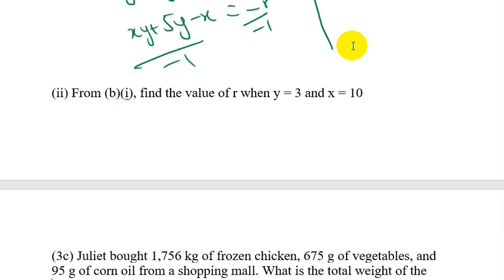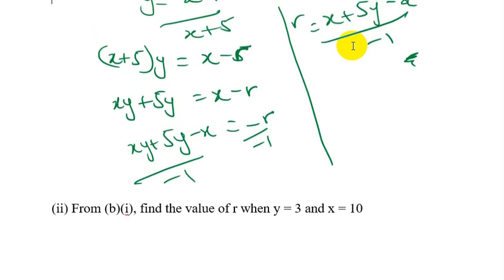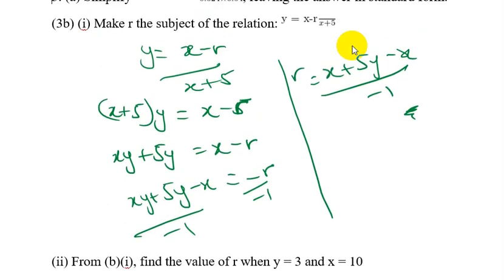Now part II says that from B, we should find the value of r when y is 3 and x is 10. So let's continue with that over here. We are going to get r equals, x is 10, so 10 plus 5y minus 10, all over minus 1.